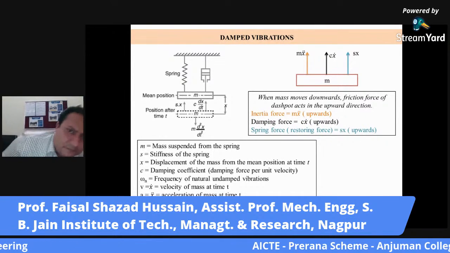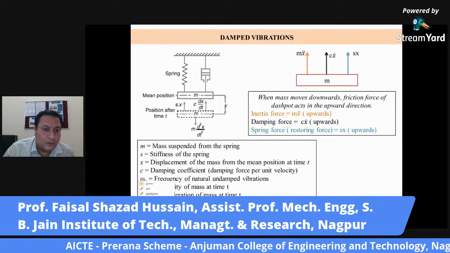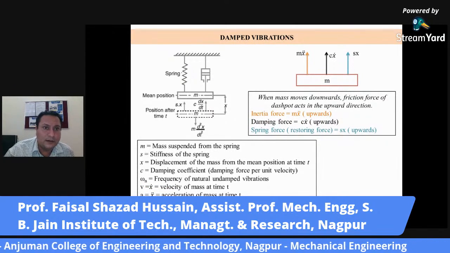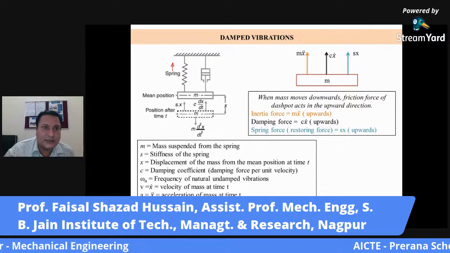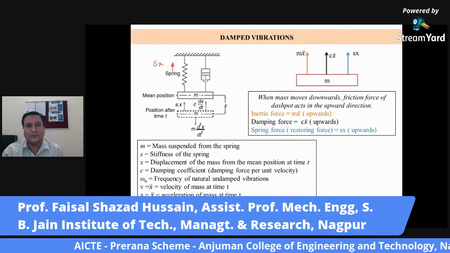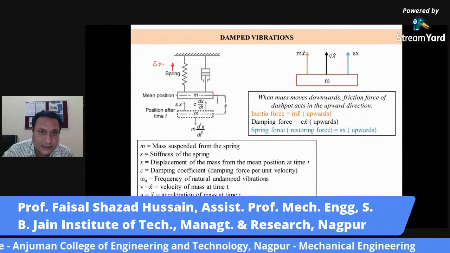Now look here, let us see in this diagram, a spring mass system is given with a damper. This is your spring, this is your damper. Here the spring force or restoring force will be developed upward, because the displacement is in the downward direction.